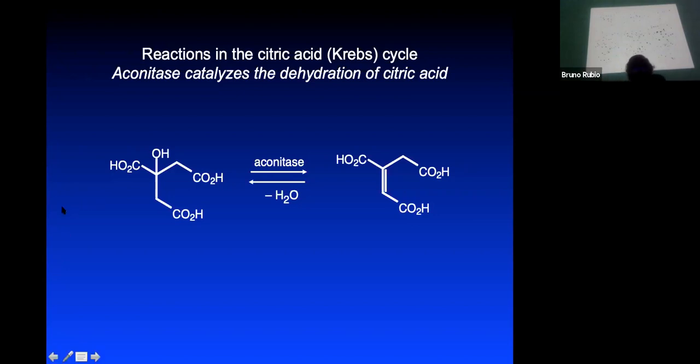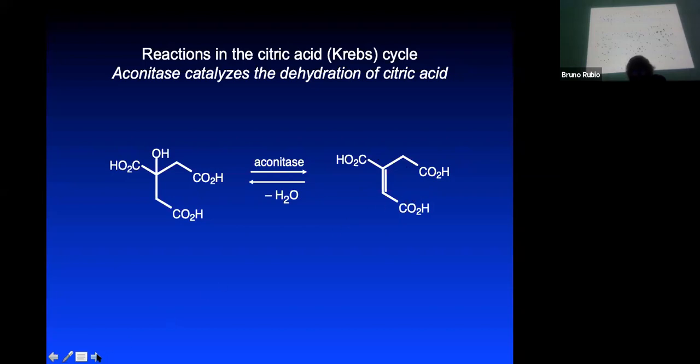Okay, so in the citric acid cycle, we have this dehydration of this guy here. This is citric acid, and it reacts with the enzyme aconitase, and we get this dehydration of alpha, that we get a new double bond between alpha and beta, and this is called cis-aconitic acid.